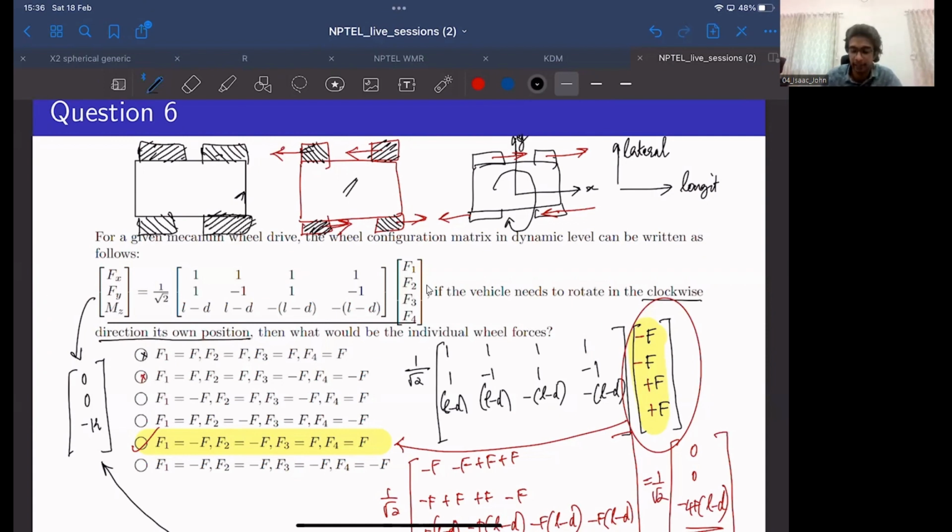But in the lectures for the dynamic modeling, we have been using this case. We need to see what will happen if you are using this configuration. We'll end up with a different configuration matrix.